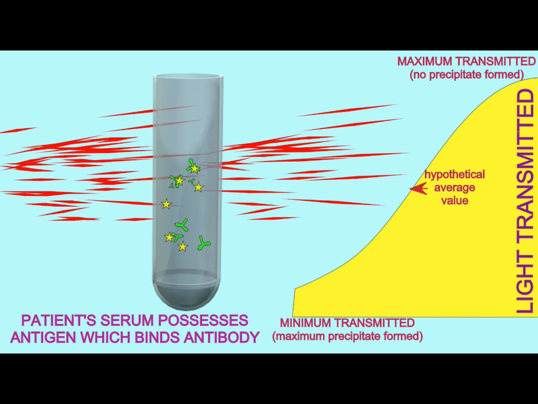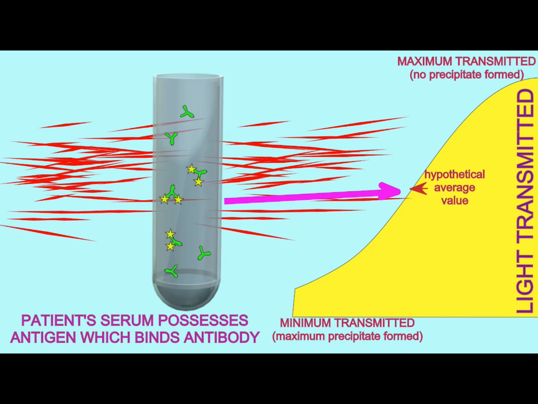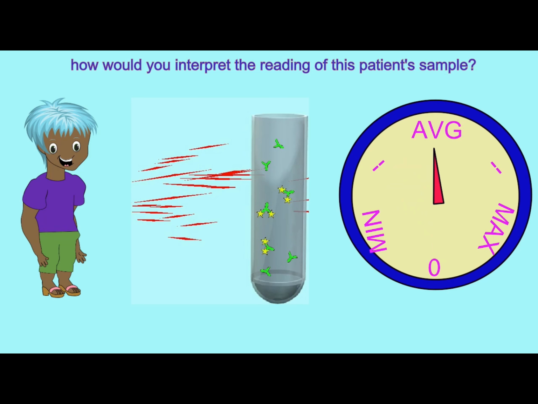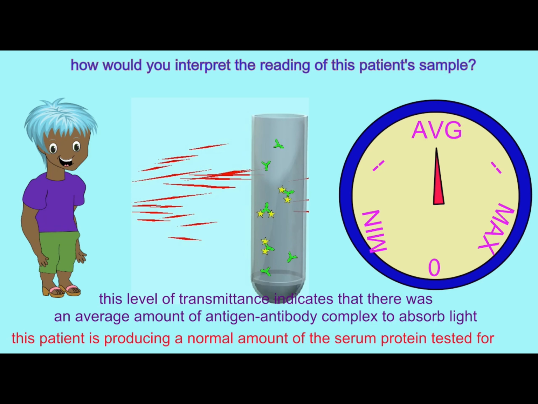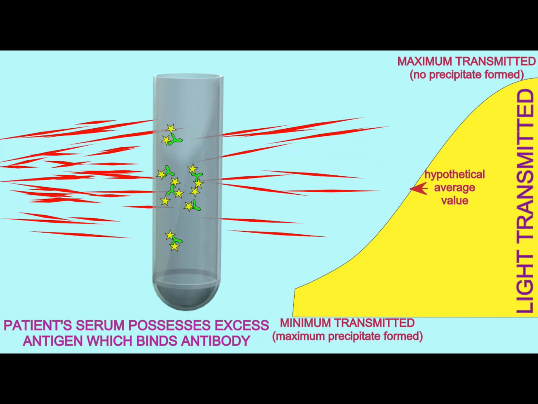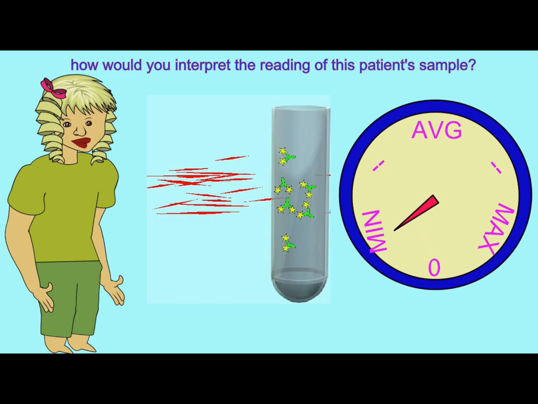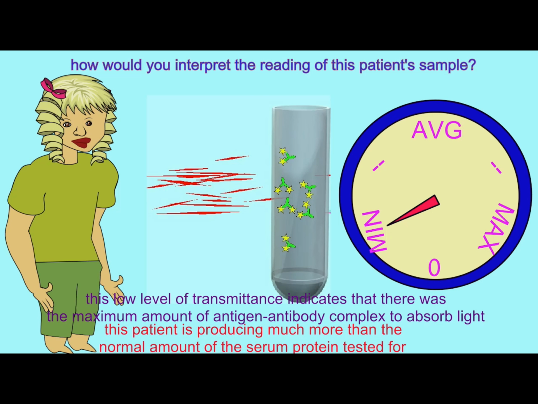Also, if one can then determine what is the average level of, say, a serum protein, then one can get the average transmittance to expect and be able to identify patients who are making more serum protein than expected, in which case more light is absorbed and less is transmitted, versus patients who are producing less of this serum protein, allowing more than the normal amount of light to be transmitted.